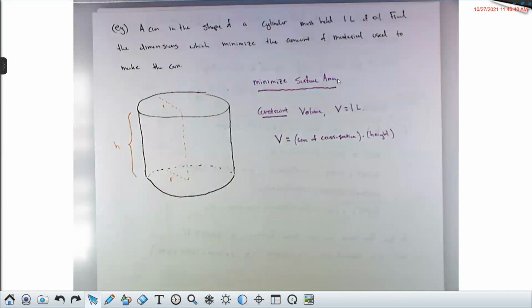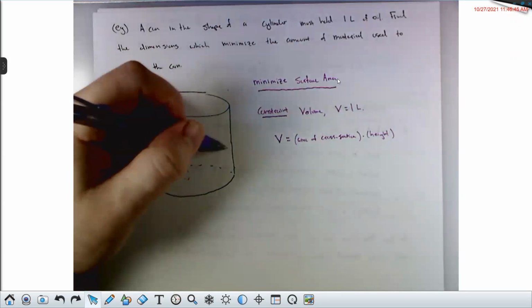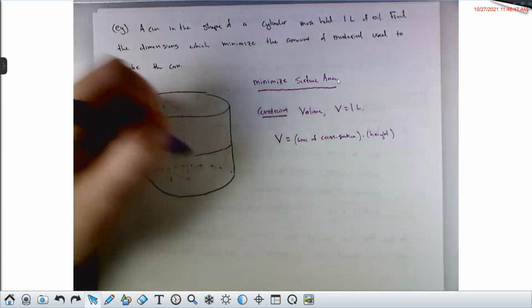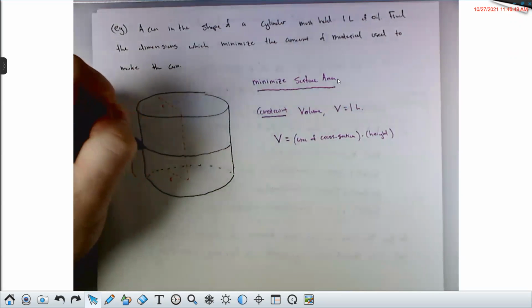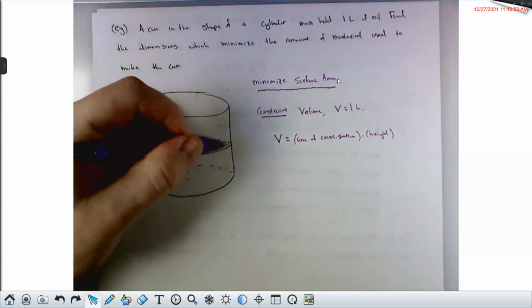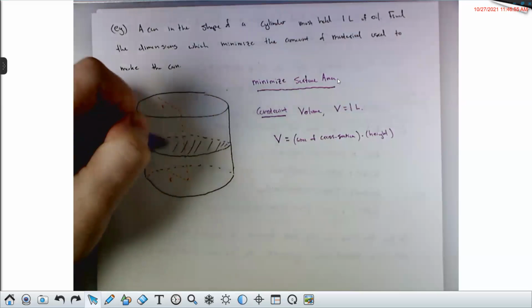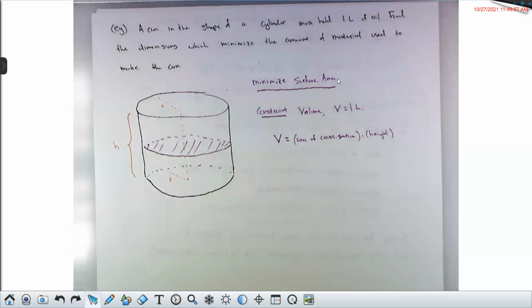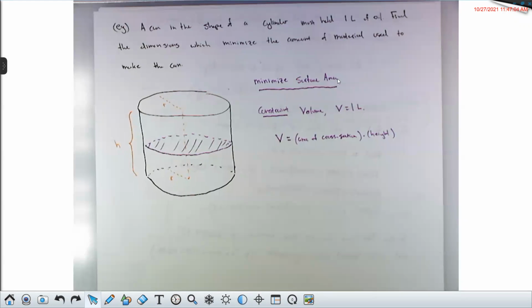Well, the length times the width is the area of a cross section. So if I draw a little cross section, what's that area? Pi r squared.